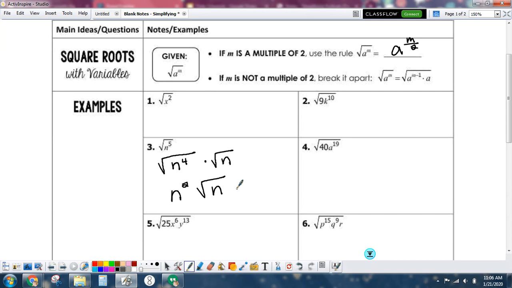So for the first one, I have x squared. 2 is divisible by 2. 2 divided by 2 is 1. So your answer is just x to the first power, or just x. For number 2, you're going to go ahead and make sure you're doing the square root of the coefficient first, which is where the stuff from last time comes into play. So we're going to do the square root of the coefficient first, and then do the square root of the variable.